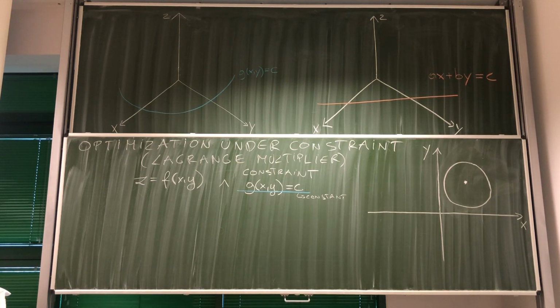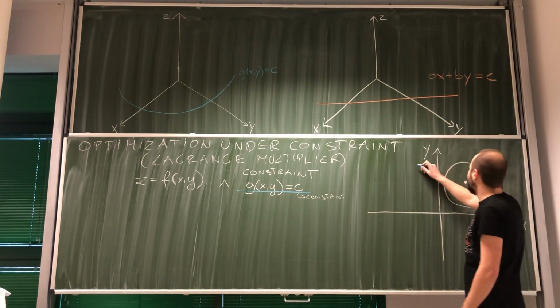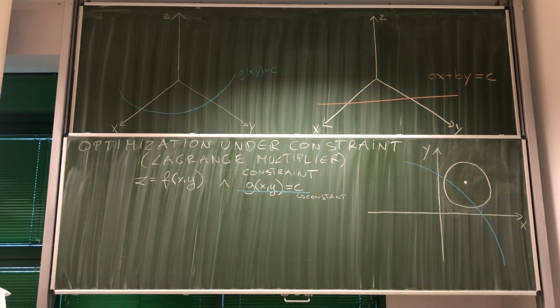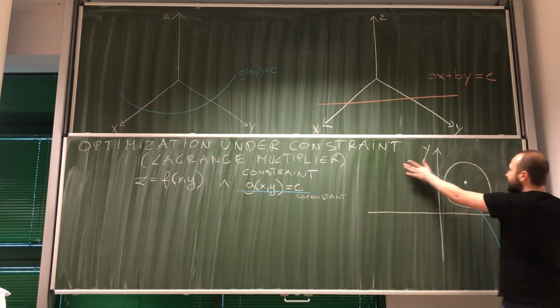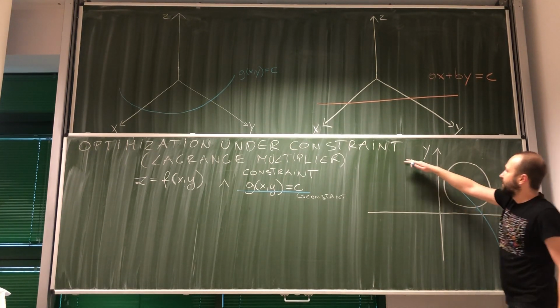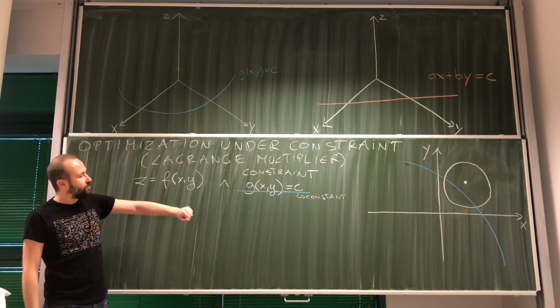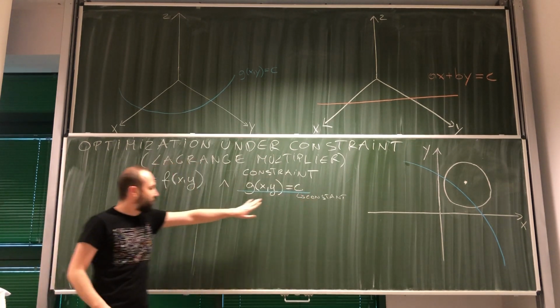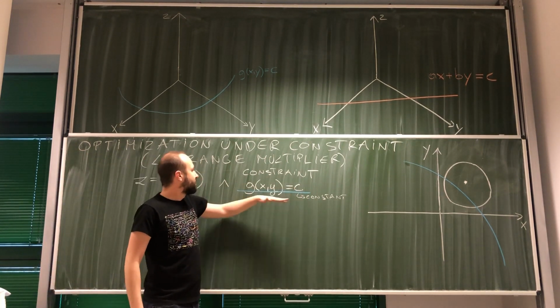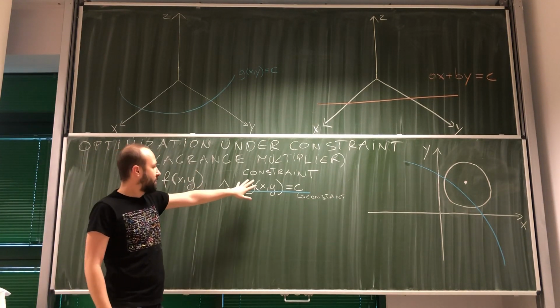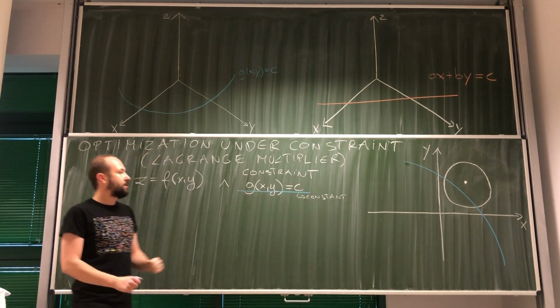Okay, so what can happen with the constraint? Look, let's just say that it turns out that if I'm drawing this constraint over here, I'm getting a shape like this. And this constraint, this line, look, is given only for x and y, right? So we do not have z anywhere here. C is a constant. So it means that some combination of x and y must be equal to this constant.